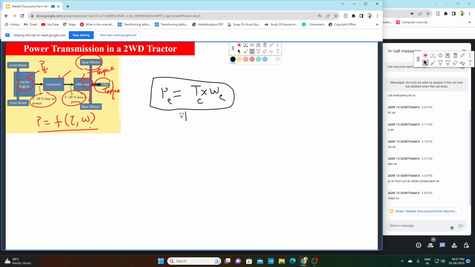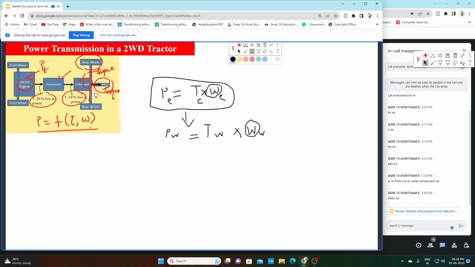Now from this we want wheel power, PW. Wheel power is TW into omega W, where omega is the angular speed and T is the torque.